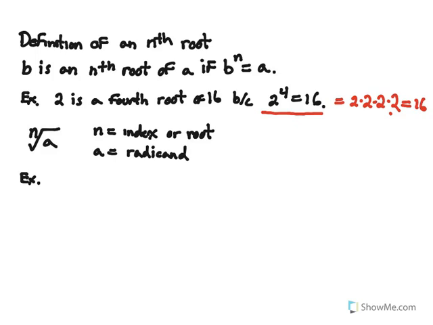So if you look over here, n is the index or the root, and a is going to be some number. We'll call that a, and that is the radicand. So, for example, you look at this here.